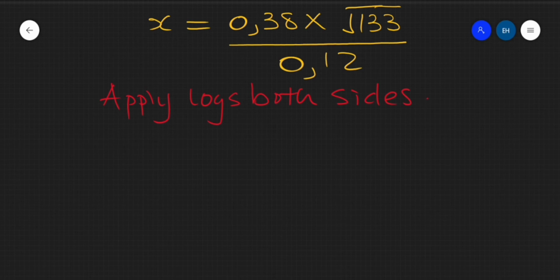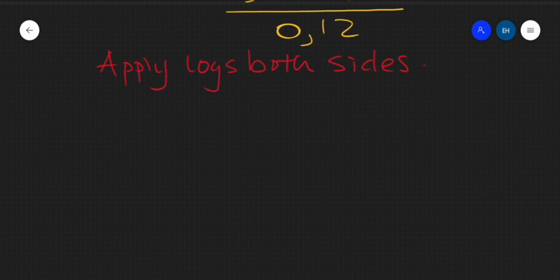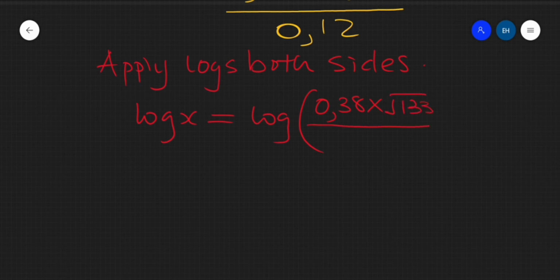Apply log both sides. So we end up having log x. Log x will be equal to log, open bracket, 0.38 times root 133 all over 0.12, close bracket.